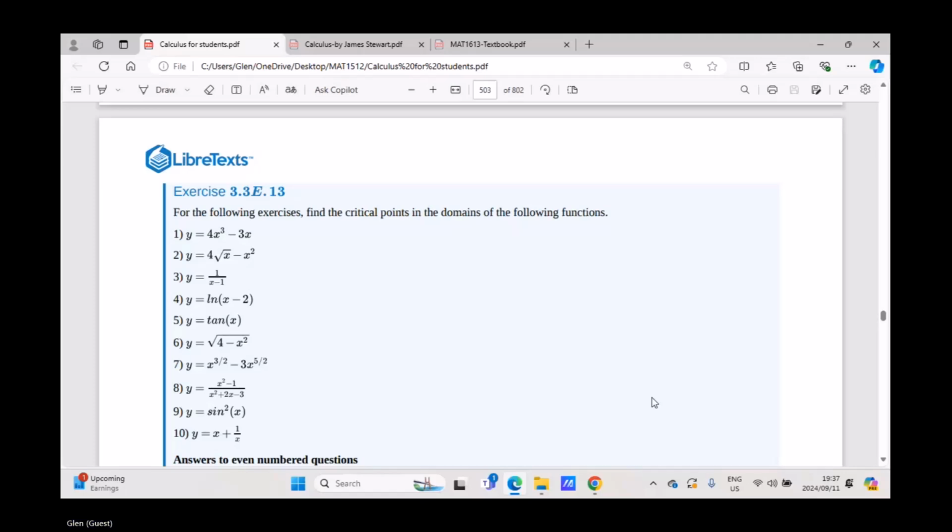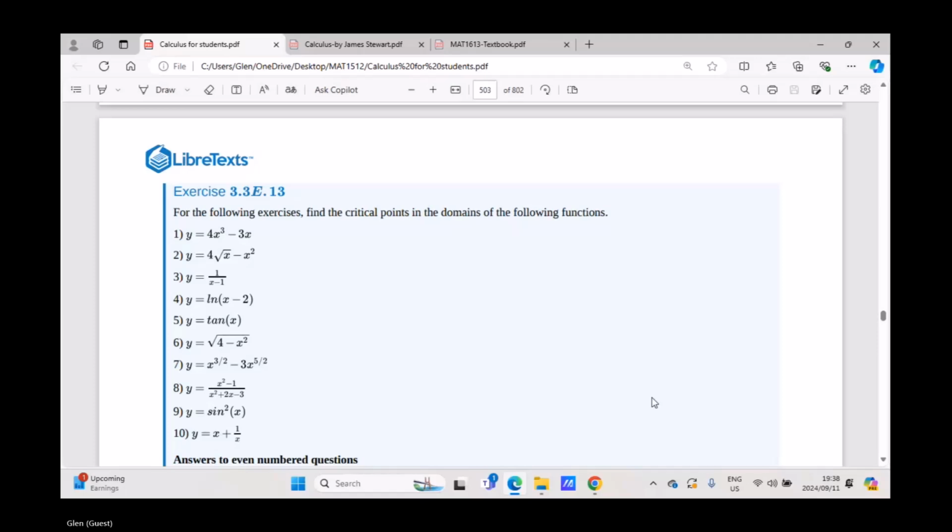Yes, Mr. I'd like to change my answer. I found out I made a mistake, yes, sir. I first factorized x squared minus 1, and I got x minus 1, x plus 1. Then I factorized the denominator, and I got x plus 3 and x minus 1.